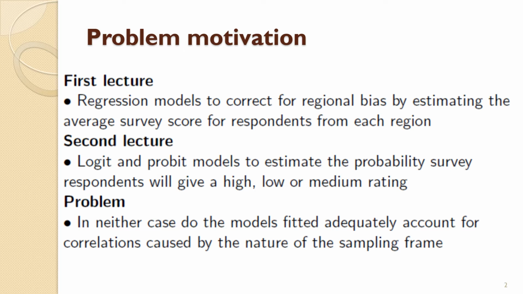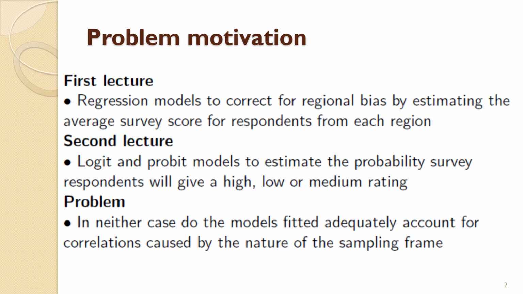Now what you've got here is this problem. If you don't account for these mixed effects terms, which is why I say the term mixed, although it's a small English word, is an important statistical word here. The problem you've got in both cases is that the models fitted do not adequately account for correlations caused by the nature of the sampling frame. Now this sounds perhaps slightly pompous, but we'll show you what this means later in the lecture.